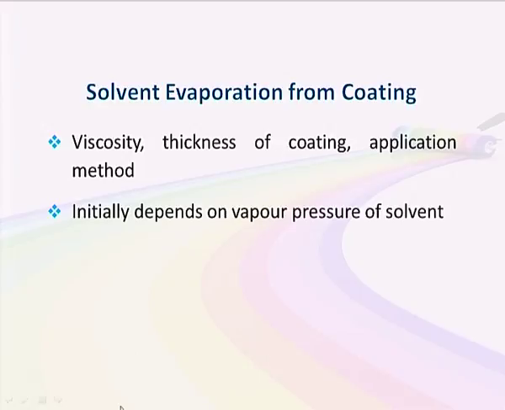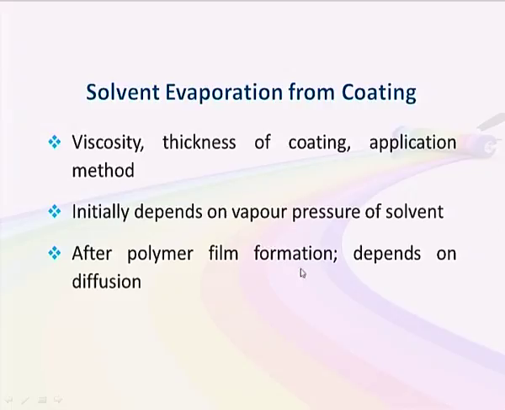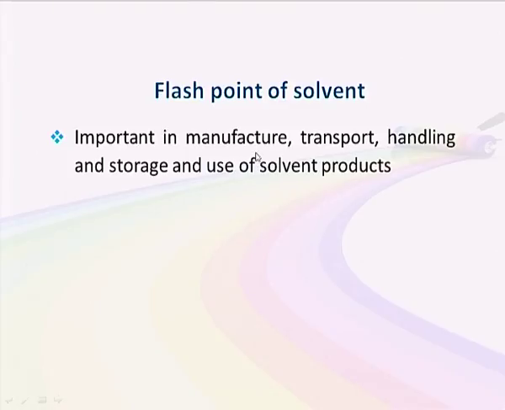Initially it depends on vapor pressure of the solvent, but once the paint has been applied, after some time when polymer film is being formed, evaporation depends on diffusion. Flash point of the solvent is also very important if we are considering the manufacture, transport, handling, storage and use of solvent products, as it deals with the safety of the solvent.